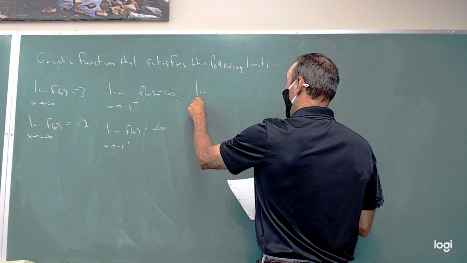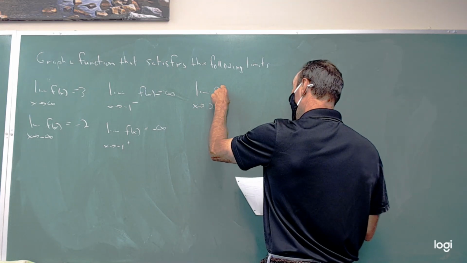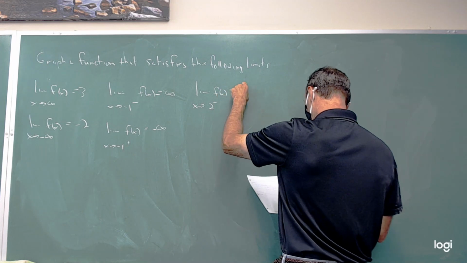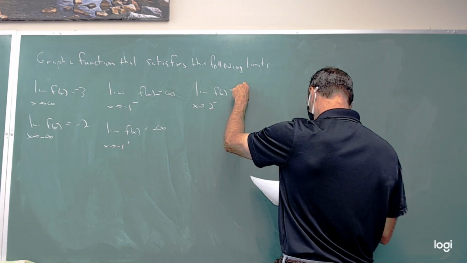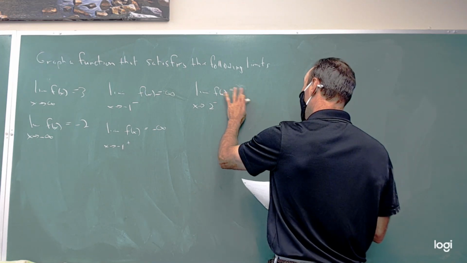The limit as x approaches 2 from the left is negative 1. Is positive 1.